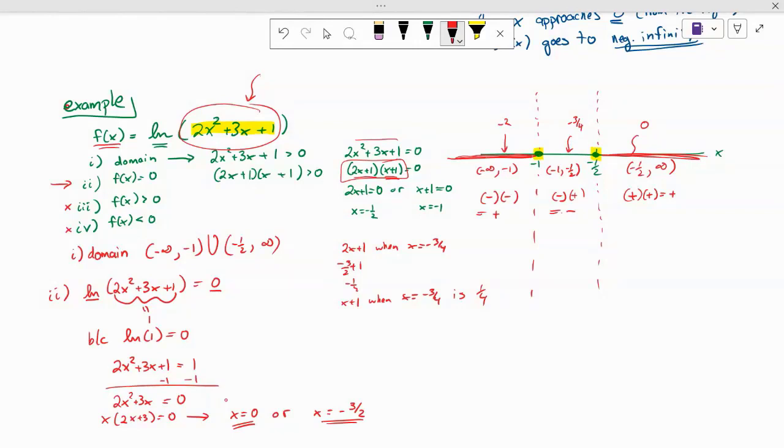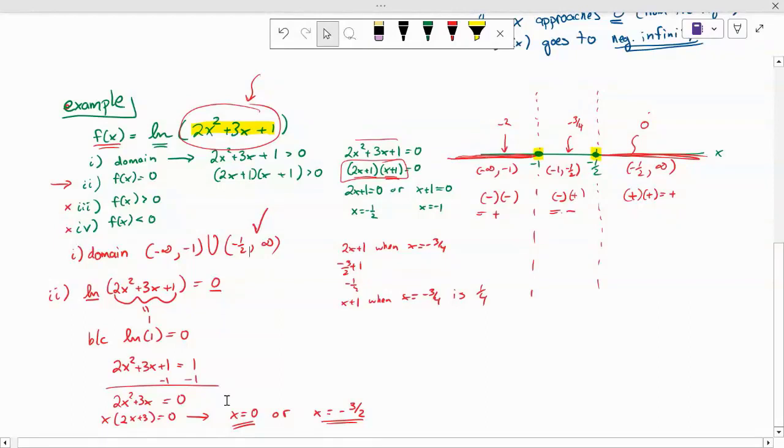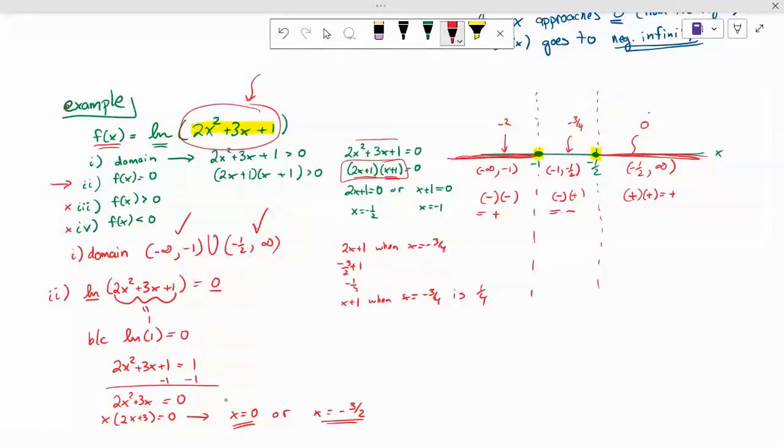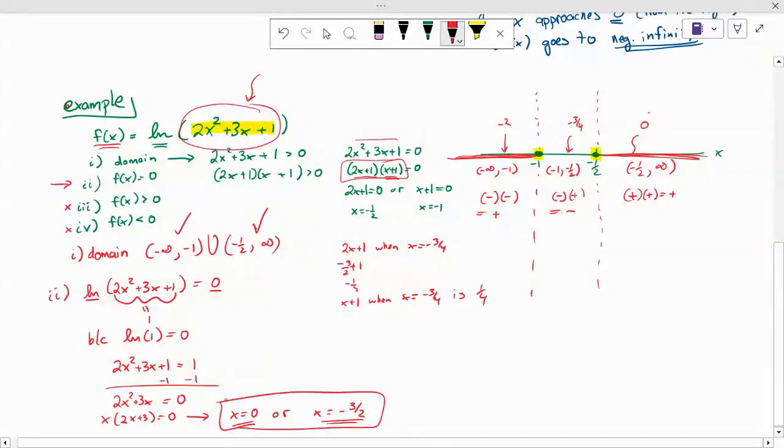Because your log cannot equal anything if it's not defined. But x equals 0 is in the domain. And x equals negative 1.5 is in the domain as well. So both of these are solutions. With logs, you probably want to go check.